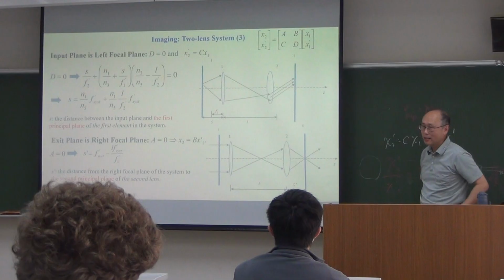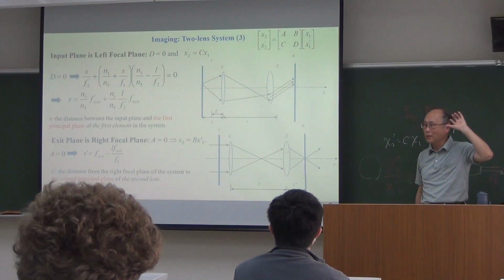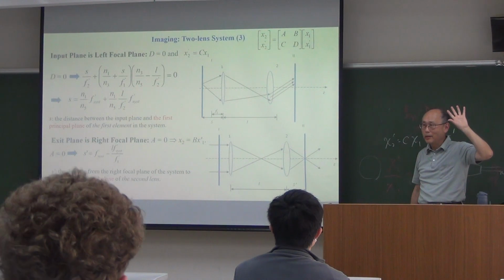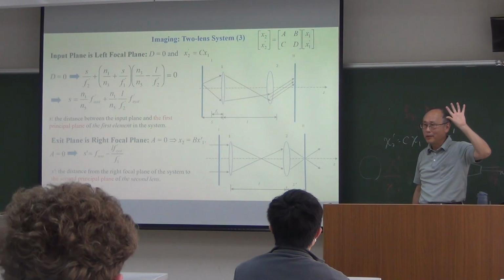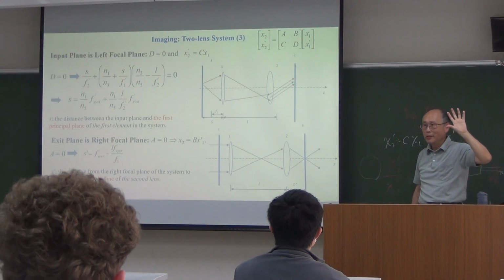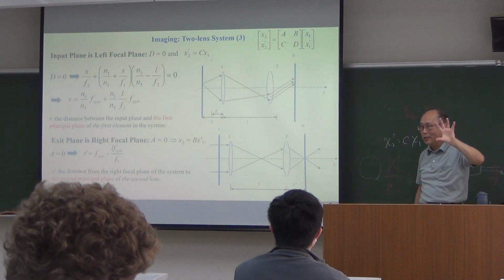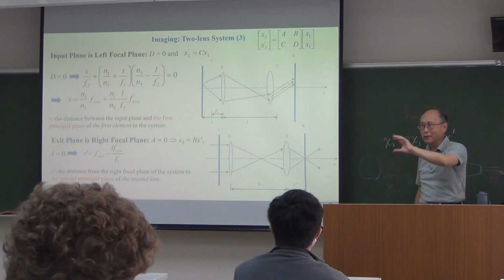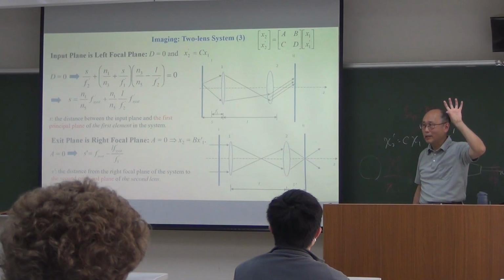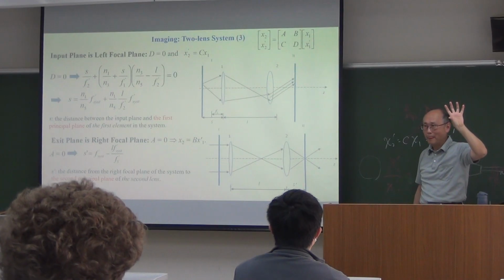An important thing is that, without looking into this, what did we learn? Well, we have B equal to 0 is the image condition, minus the inverse of C is the system focal length. On B equal to 0, A is the linear magnification.